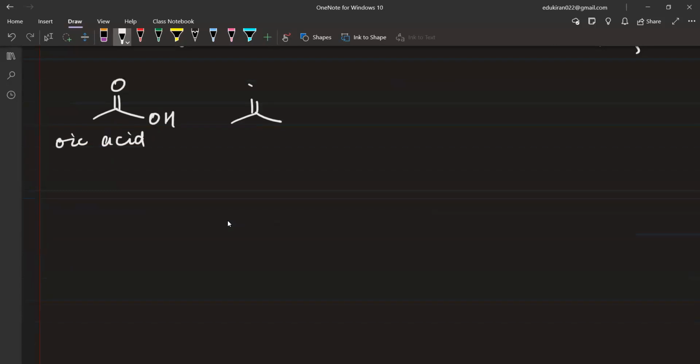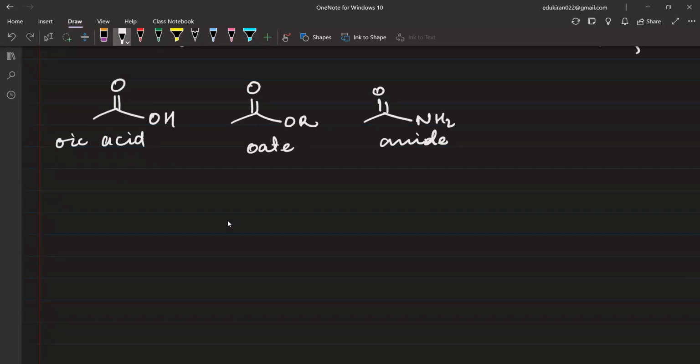Here you have C double bond O. If this is OR, then it is going to be ester. Here you have C double bond O. If it is NH2, it is going to be amide. You have C double bond O, and here you have hydrogen. This is aldehyde. And if you have C double bond O, and you have nothing on the right or the left, just carbon atoms on the right and the left, then it is going to be a ketone.